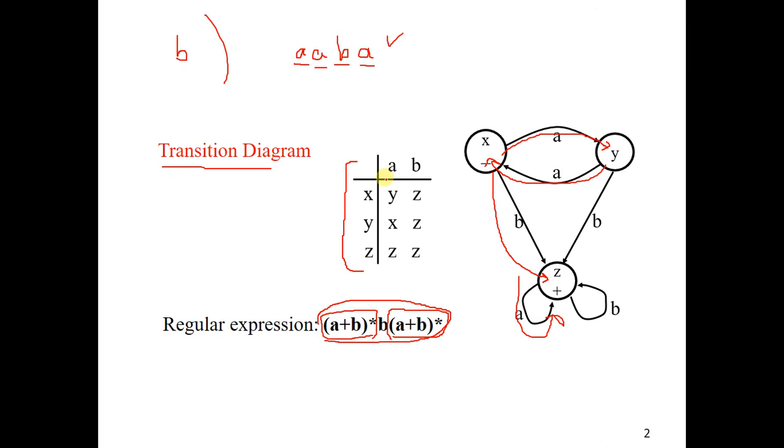Here we are just dealing with 2 letters, A and B, so we list down these 2 letters. And at each state, you will define the next state for the given letter. Like if you are at state X and you read A, you will move to state Y. And if you are at state X and you read B, you will end up at state Z, and so on.